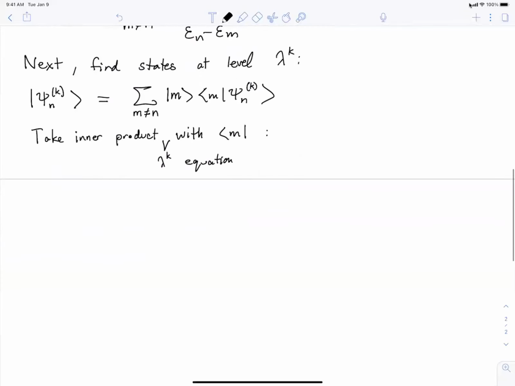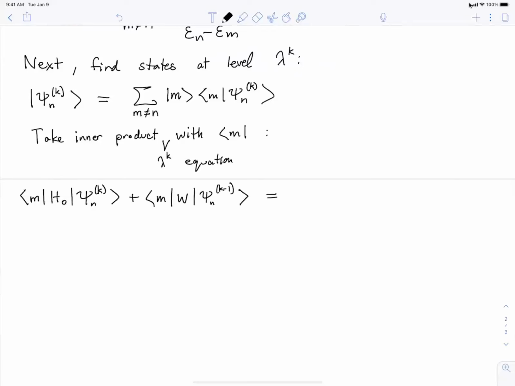Okay, and so let me write out what that looks like. There's going to be an m bra on the left for every part of this: ⟨m|H0|psi n^k⟩ plus ⟨m|W|psi n^(k-1)⟩.